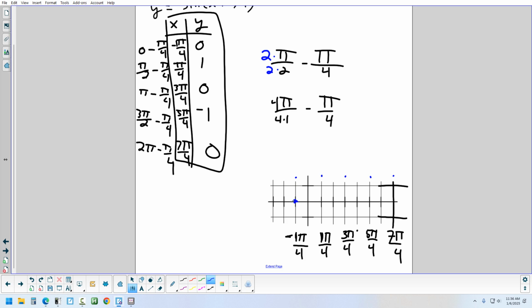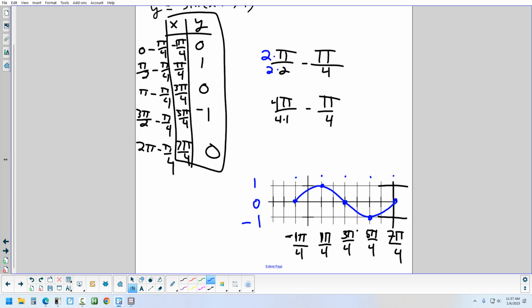0. Let's see, pi over 4, we are at 1. 3 pi over 4, we're back at 0. 5 pi over 4, negative 1. And 7 pi over 4 at 0. So that's a shift of 45 degrees. It's a small shift to the left.